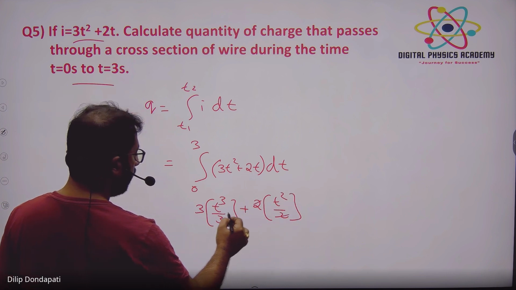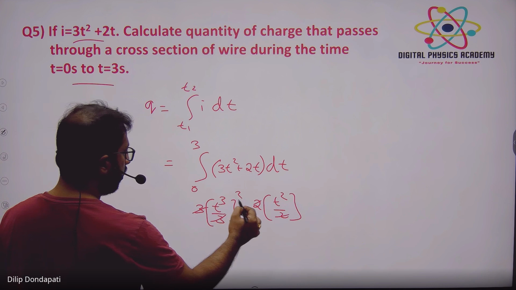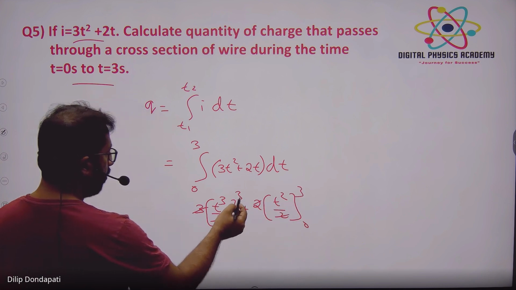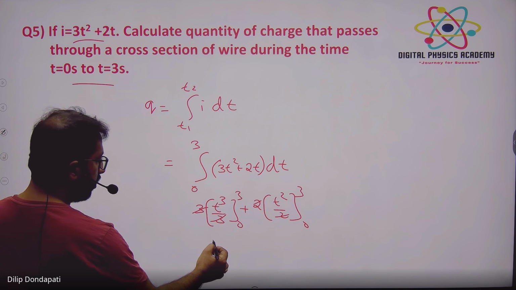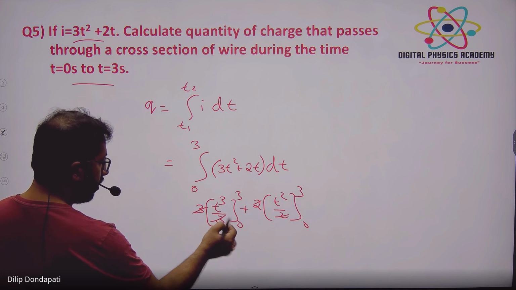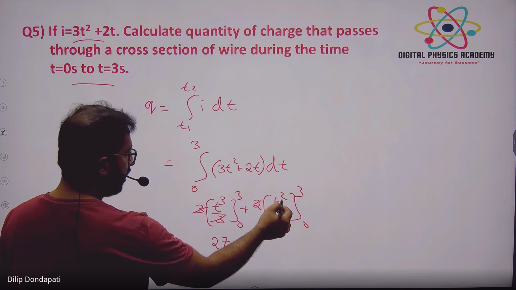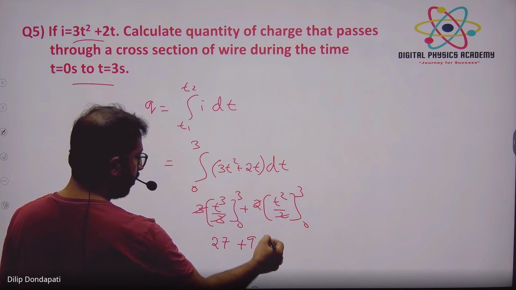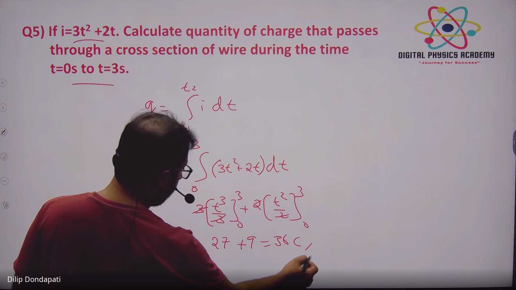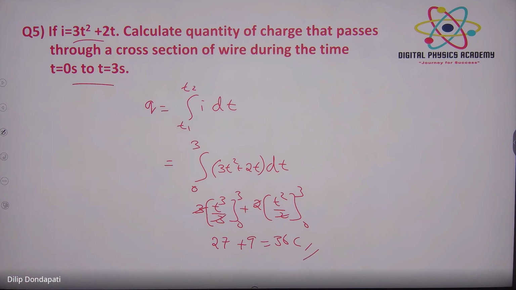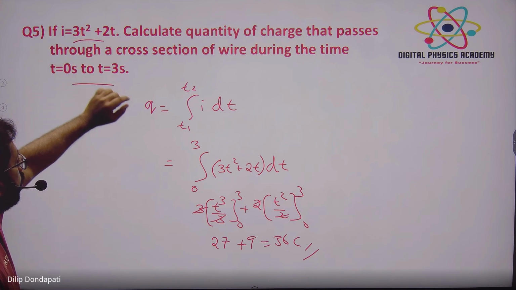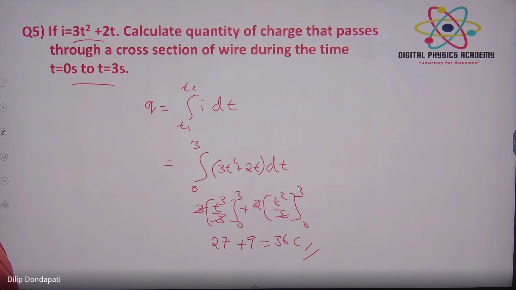So the 2 cancels, the 3 cancels, from 0 to 3. Upper limit minus lower limit: 3 cube is 27 minus 0, plus 3 square is 9 minus 0. 36 coulomb is the answer. So always, when current in terms of time is given, use this formula to find charge.